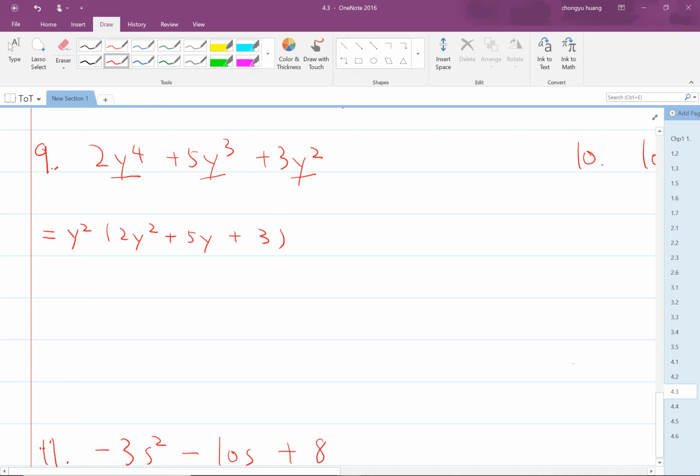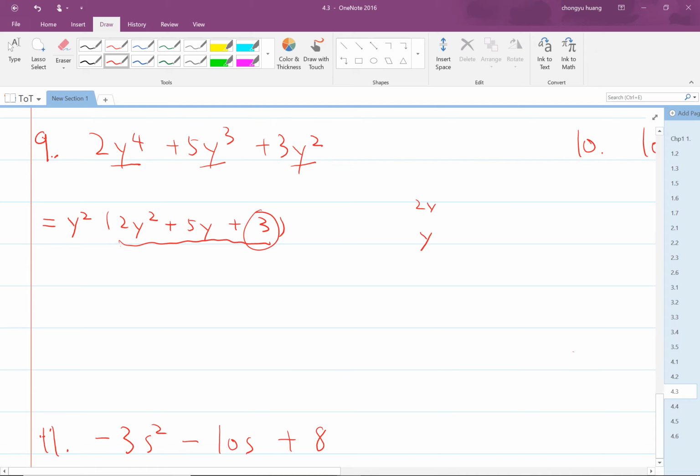Right? And over here, we have to factor this part. So what we do over here is 2y and then y, and then we have a 3 over here, so the right combination is actually 3 and 1. Let me show you the cross calculation.